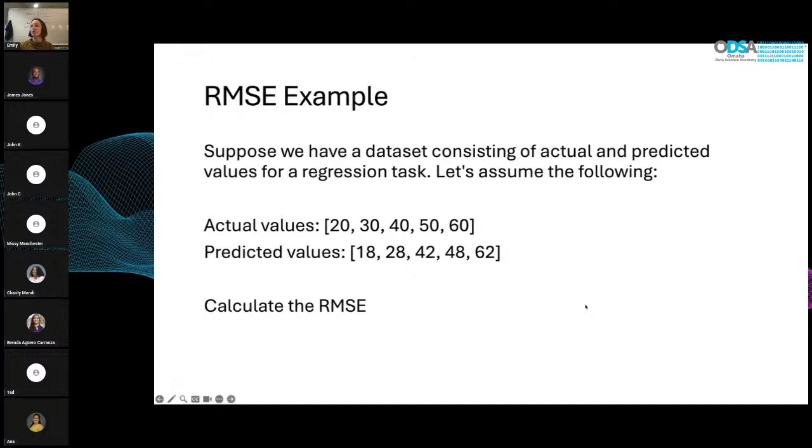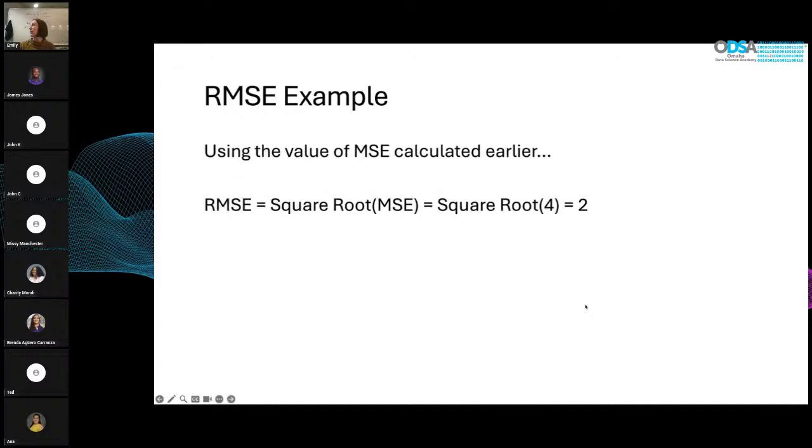You can make your life easy: look at what you already calculated before in the last problem for the mean squared error, and then just take the square root of that. So you don't have to go through all the steps all over again. You just take the square root from the last problem.